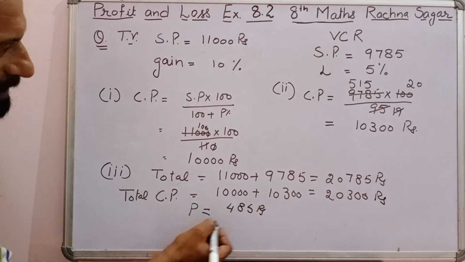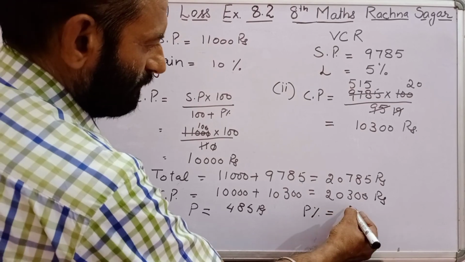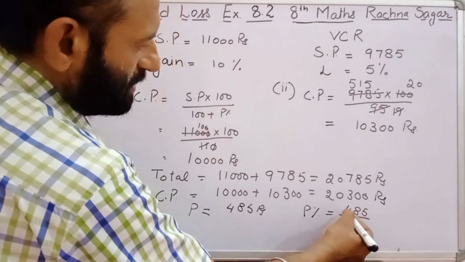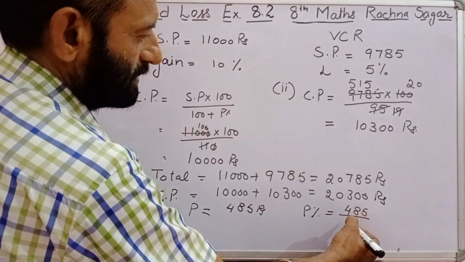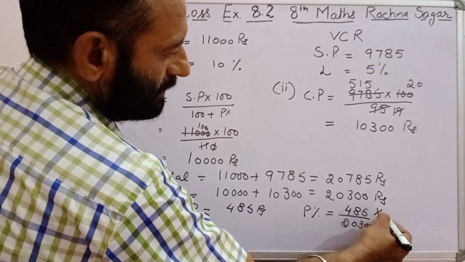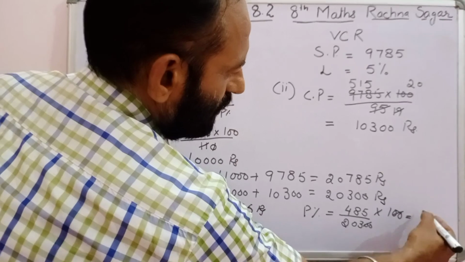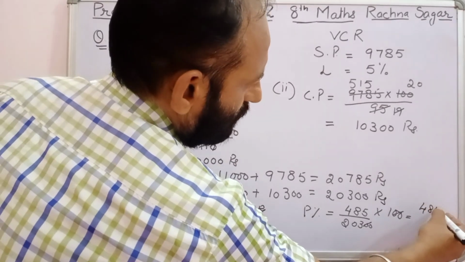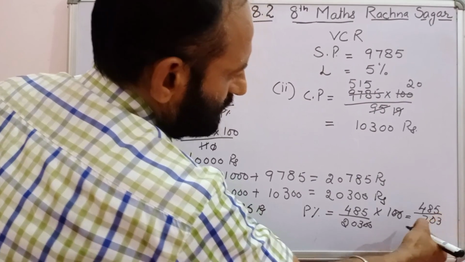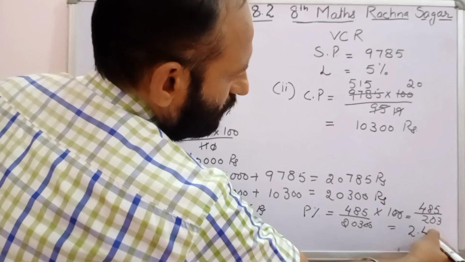And profit percent is equal to profit 485 over total CP, that is 20,300, into 100. It is equal to 485 over 203, which is nearly equal to 2.4%.